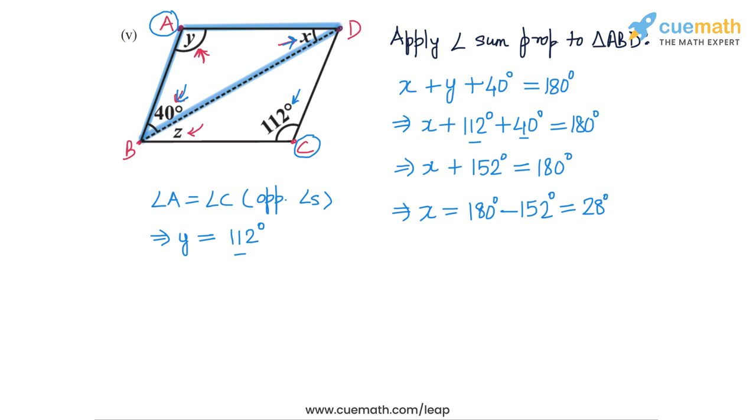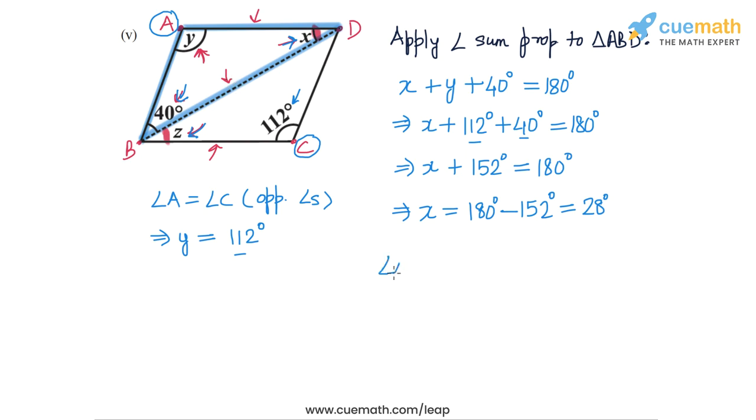And finally, now we need to calculate the value of Z, and for this purpose we note that the angle X, which is this angle here, and the angle Z, they form a pair of alternate interior angles for the parallels AD and BC and the transversal BD. So let's use this fact.